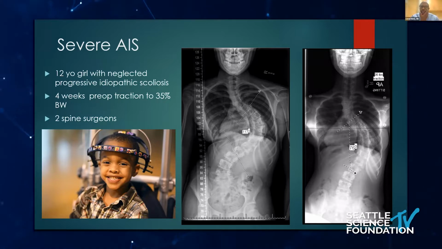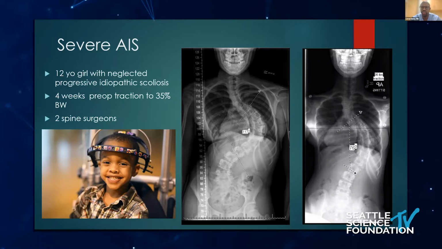With this severe idiopathic deformity, this case highlights a couple of important themes in treating pediatric deformities. Generally, we're treating flexible deformities. And so this patient's deformity is amenable to traction.